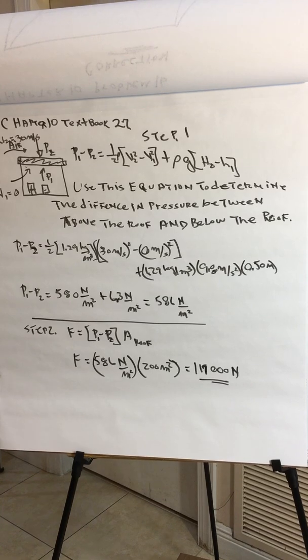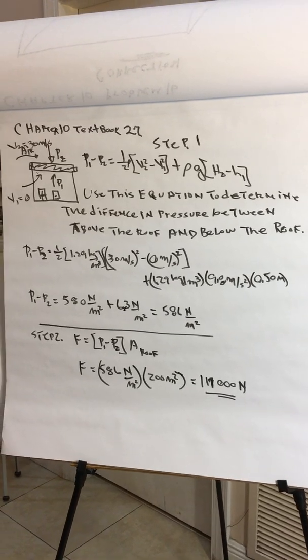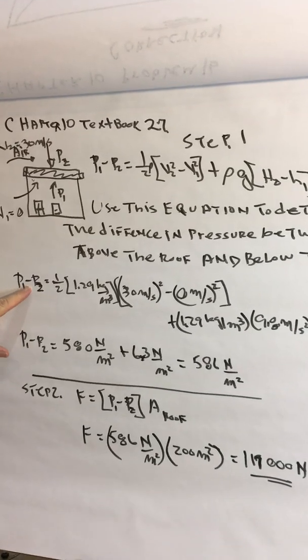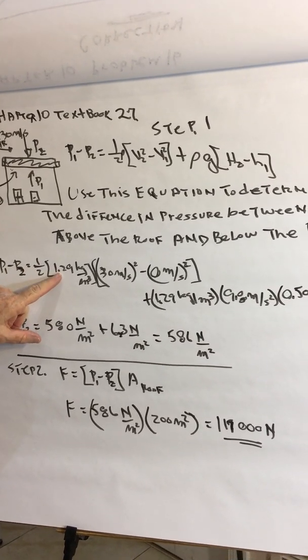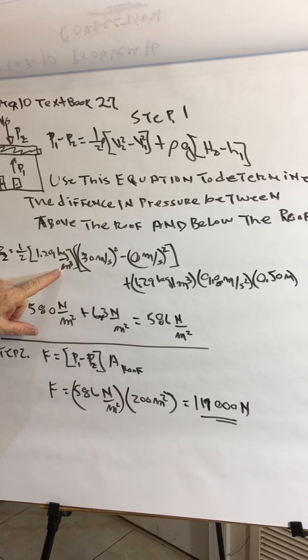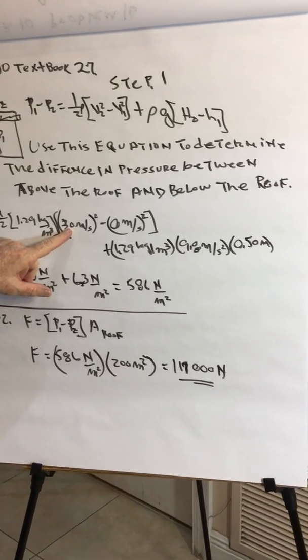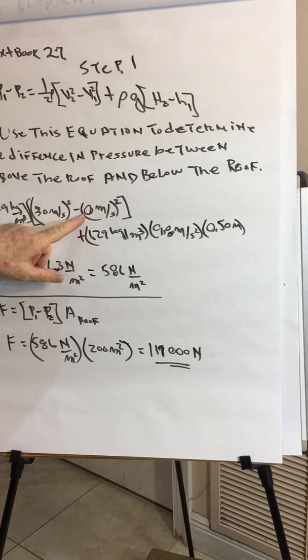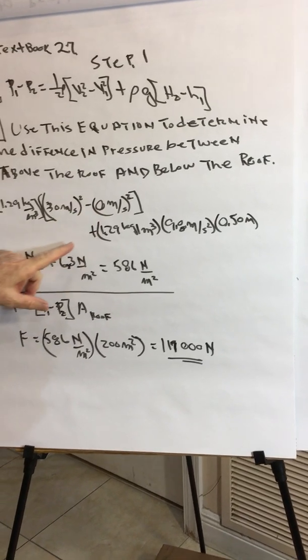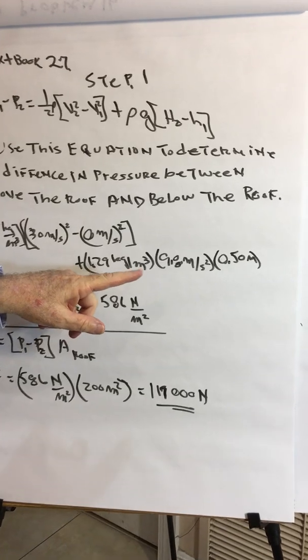Okay? So now using the equation, I go down here, there's the difference in the two pressures. 1/2 the density of dry air, 1.29 kilograms per cubic meter. The speed of the air over the roof, 30 meters per second. The speed of the air under the roof is 0. And then the thickness of the roof was 0.5 meters.